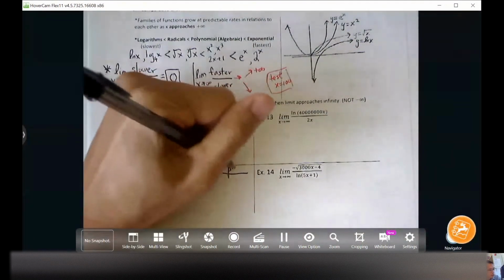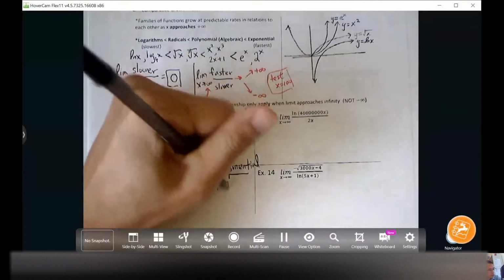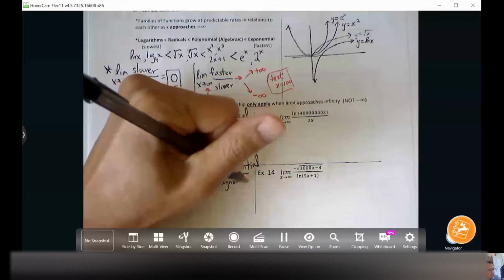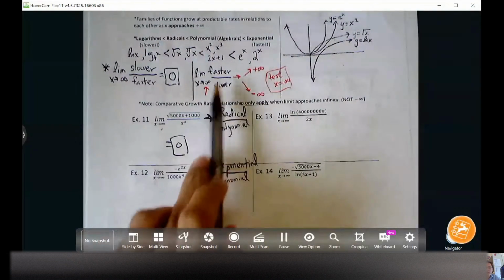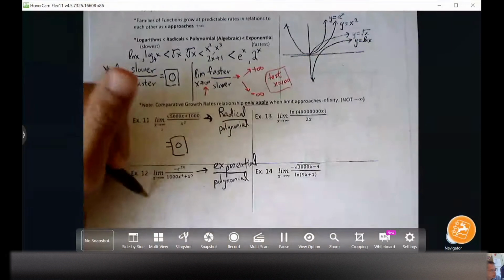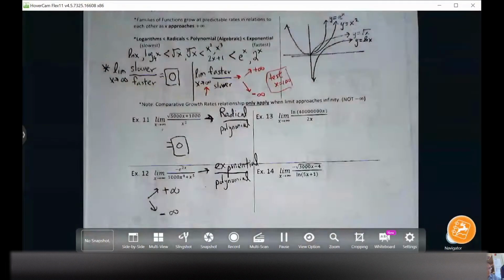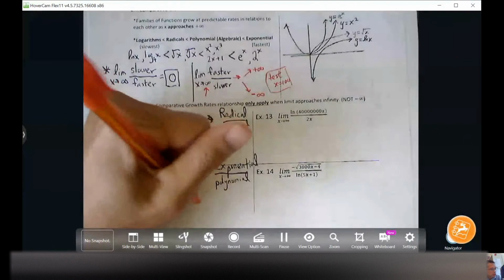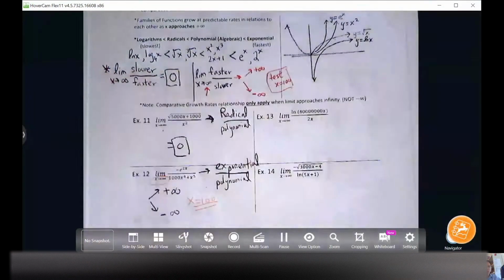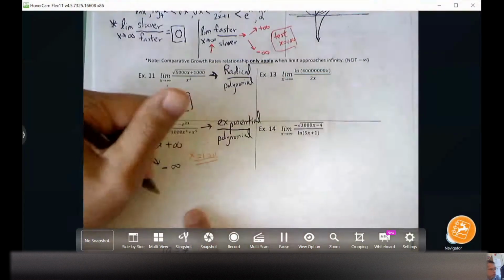So you have an exponential function over a polynomial. So exponential over a polynomial, we have a faster over a slower. It has to be one of these two categories. And the way we test, we choose a number in the direction that we're traveling towards. Plug in 100 so that we can choose between our two options.